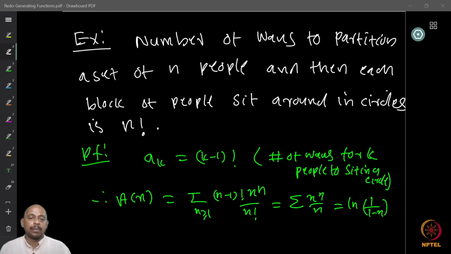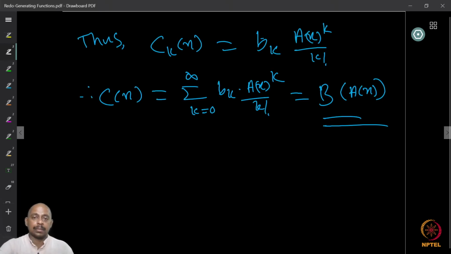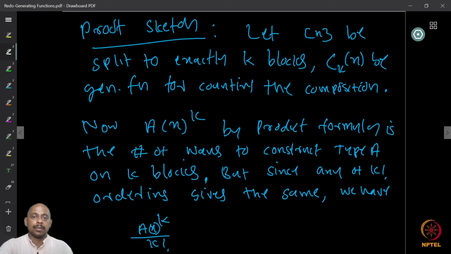Let us denote by a_k the number of ways the people can sit around in circles. So basically, what we were doing in the exponential generating function was that you split into k blocks and then put type A structures on each of the blocks.